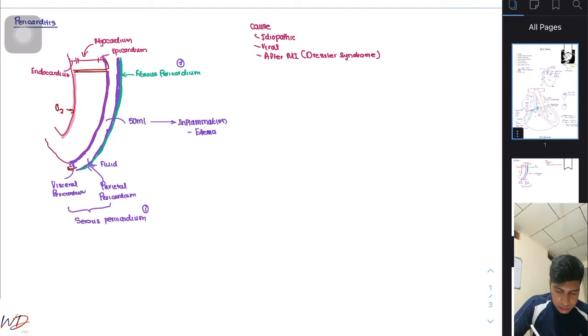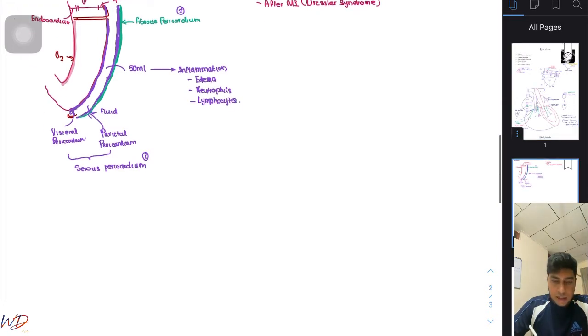During inflammation, 3 steps happen. One is edema. That is, fluid comes to the region that is affected. Next, neutrophils come. Finally, long term you get monocytes. It's the lymphocytes coming in, long term.